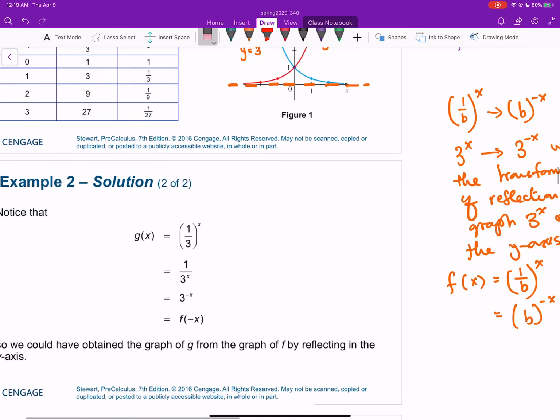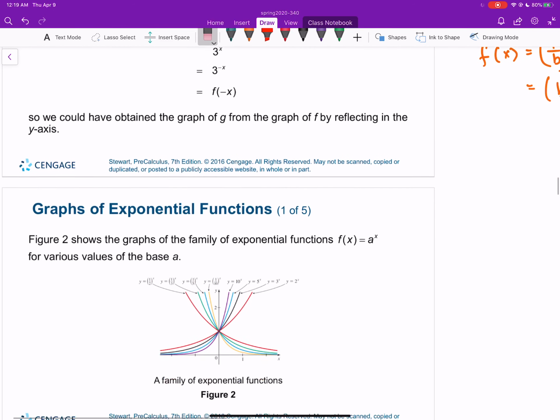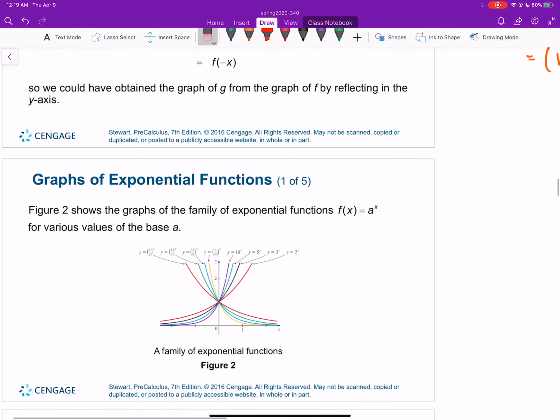Okay. All right. So let's see some family of functions, exponential functions, see how they behave. So if you look at the right side where I have 10 raised to the x, you can clearly see that as the base gets smaller, you are moving away from the y-axis. You're going to pass through 0, 1, but the smaller your base is, the further away you move from the y-axis.